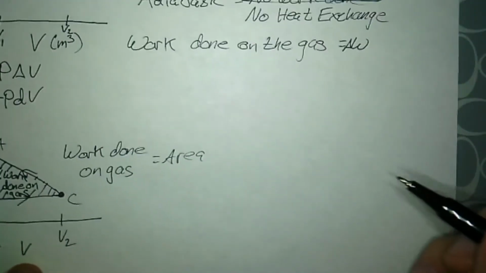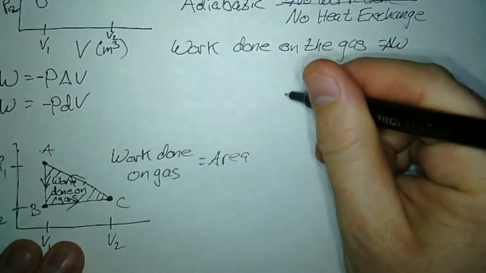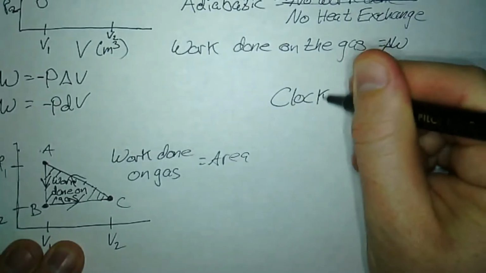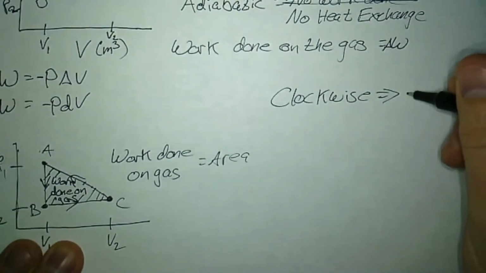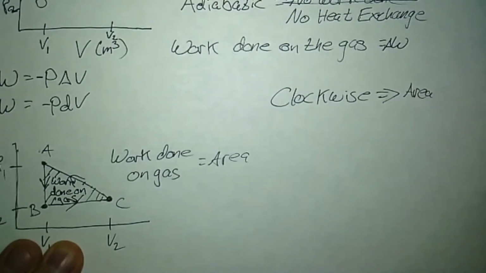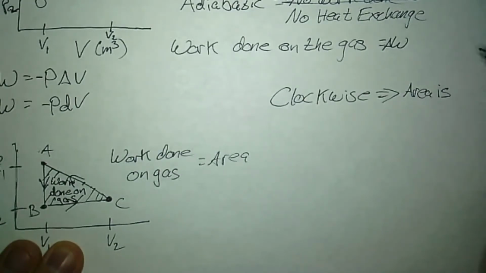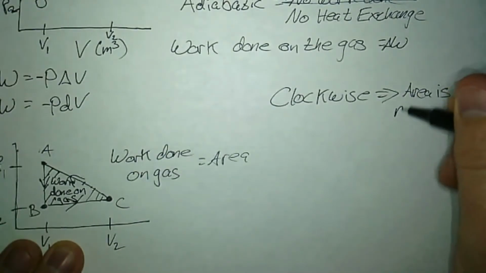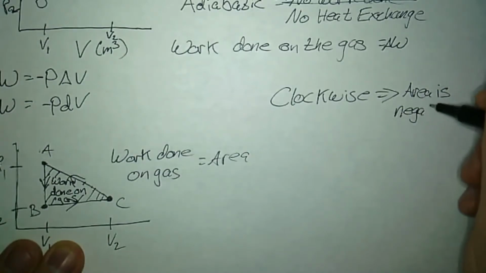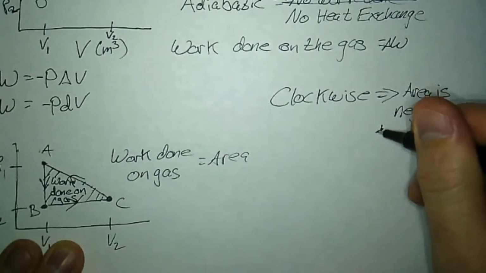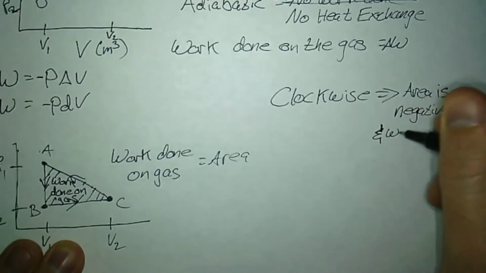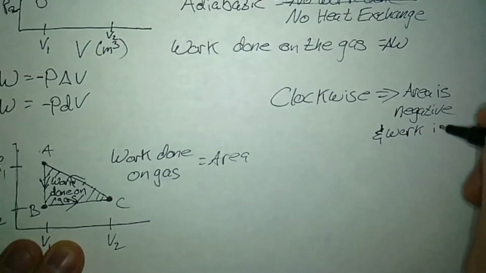So let's write this down. Clockwise, area is negative and work is negative.